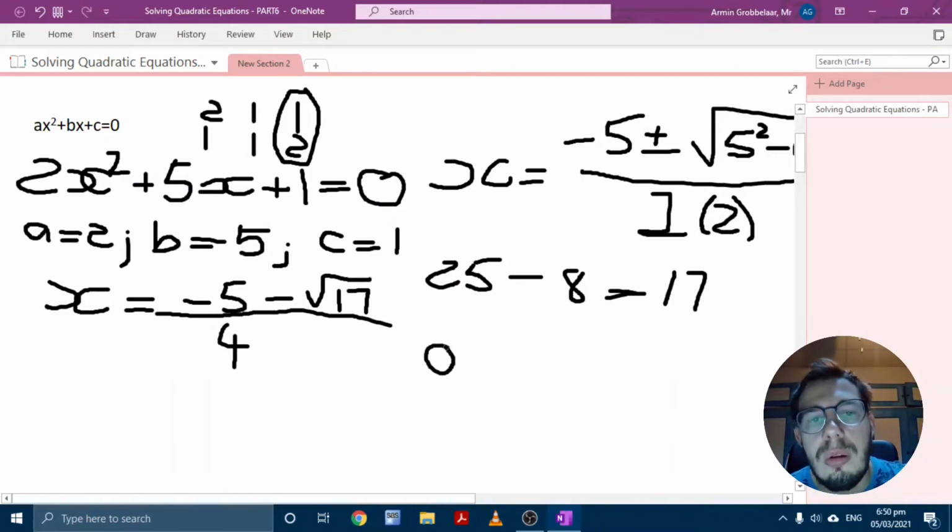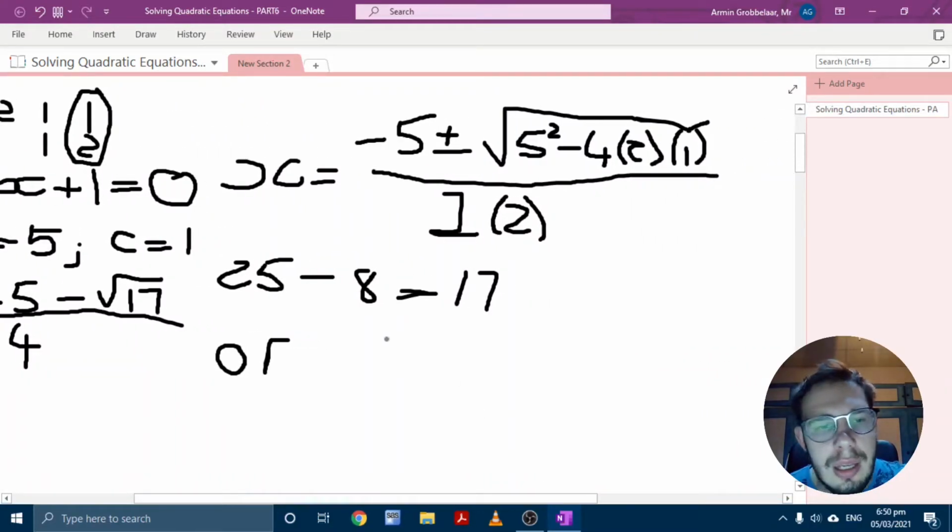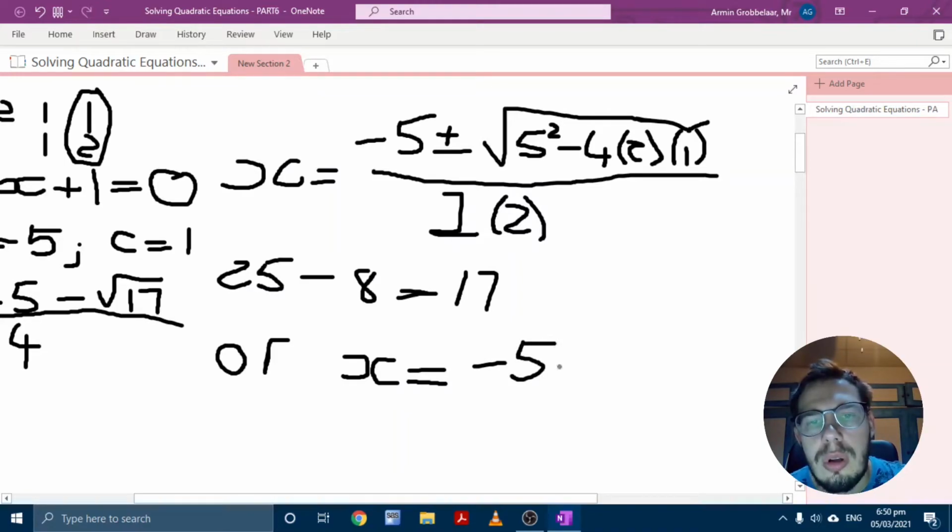Or I can say x is equal to minus 5 plus the square root of 17 divided by 4.